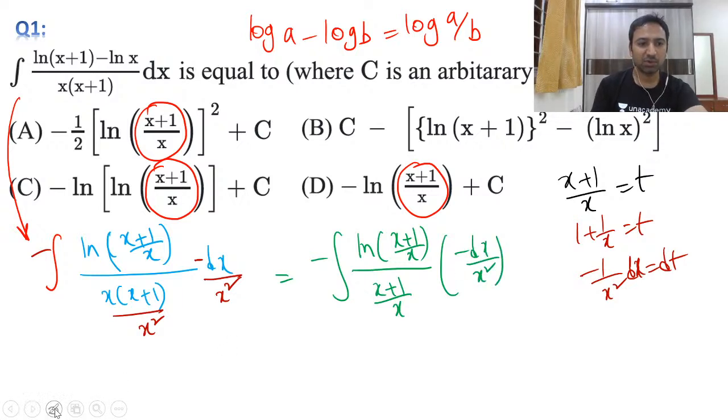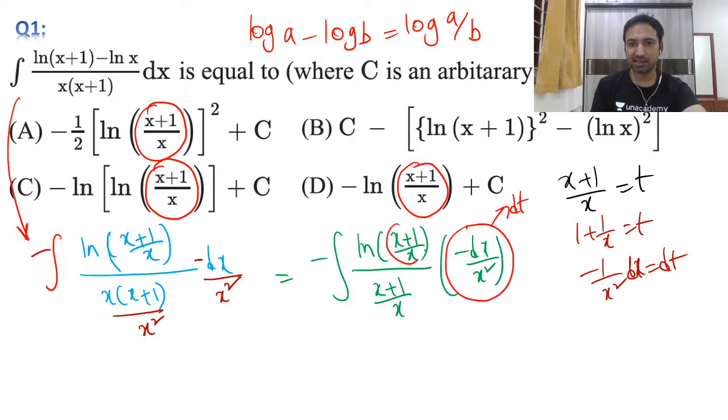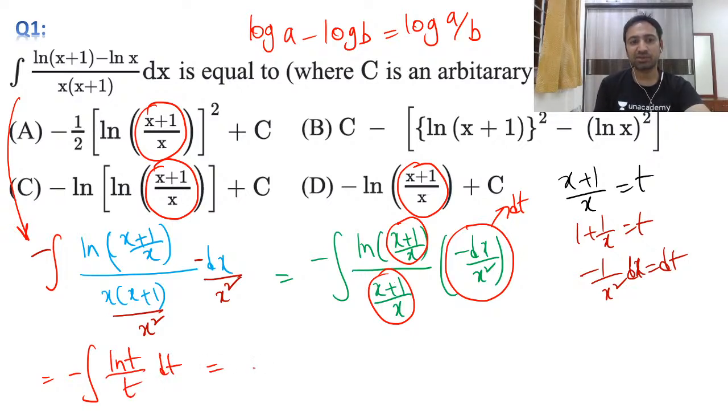So now tell me, this whole thing I can simplify. See why? Because this is like a dt, this is like a t and this is also like t. So if you simplify this, I get minus integration of log t by t into dt. How can I simplify this? Log t differentiation is already here.